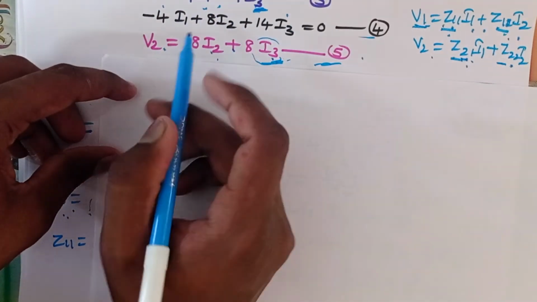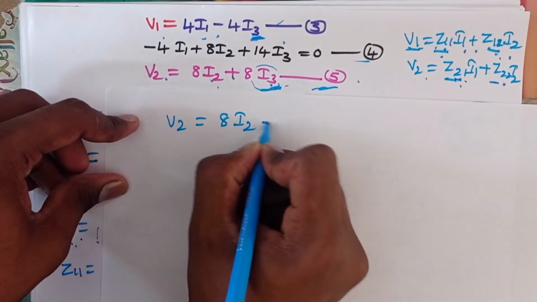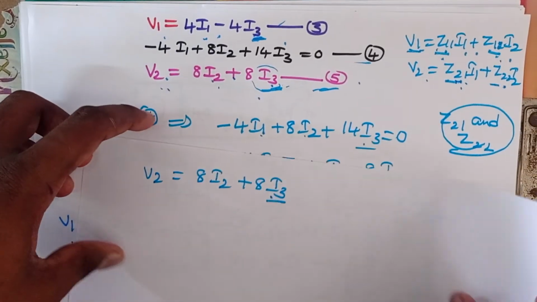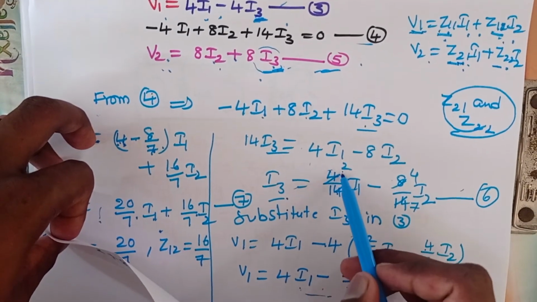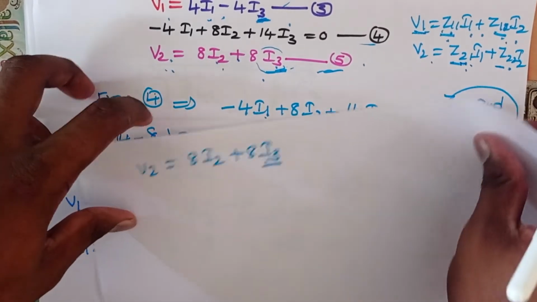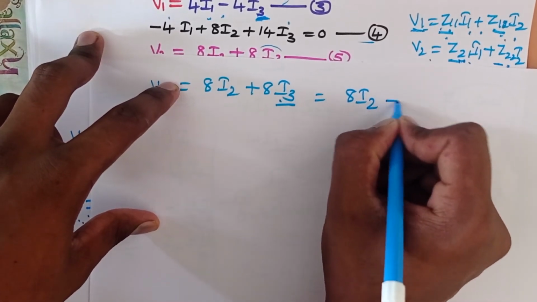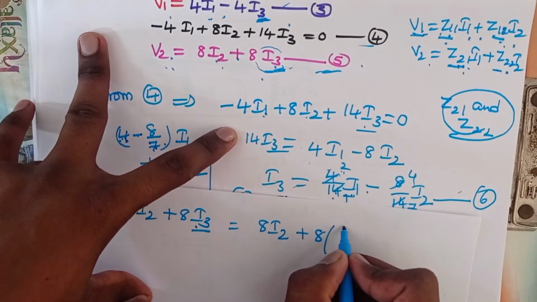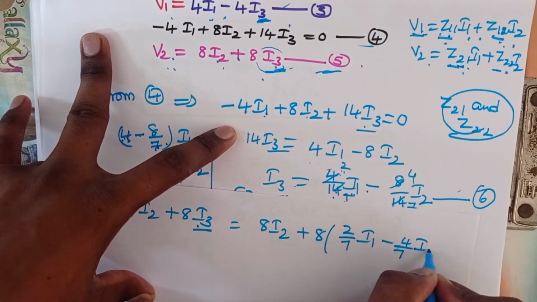Now let's consider this fifth equation, that is V2 is equal to 8I2 plus 8I3. We know I3, in place of I3 we have an equation, that is I3 equal to 2 by 7 I1 minus 4 by 7 I2. In place of I3 simply substitute that equation: 8I2 plus 8 into 2 by 7 I1 minus 4 by 7 I2.